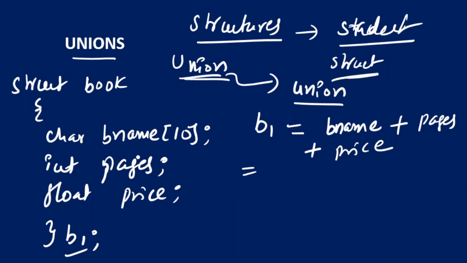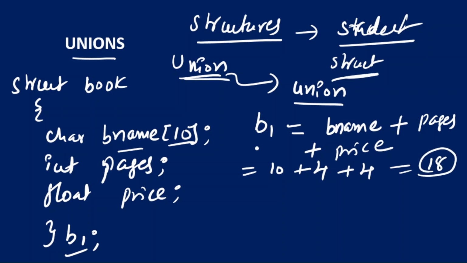In the sense, book name is of type character, how many bytes? 10 bytes. Plus pages is going to take how many bytes? This is an integer, right? An integer may take 2 bytes or 4 bytes, but here in my system I'm taking 4 bytes, and price is of type float, it is also going to take 4 bytes. The total amount of memory allocated for the variable b1 is here 18 bytes.